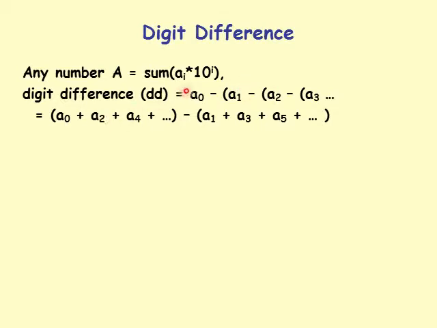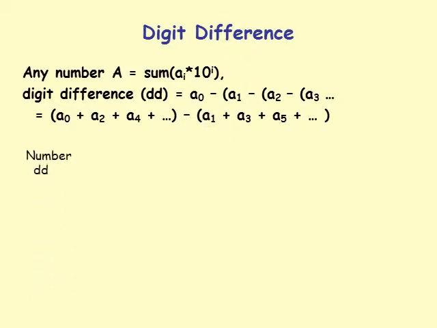But a3 has 1, 2, and 3 minuses, so a3 is negative. These are the coefficients of the even terms, meaning terms with even powers of 10, and these are the odd terms, the coefficients of the odd powers of 10.